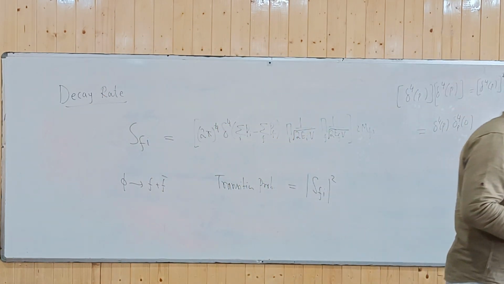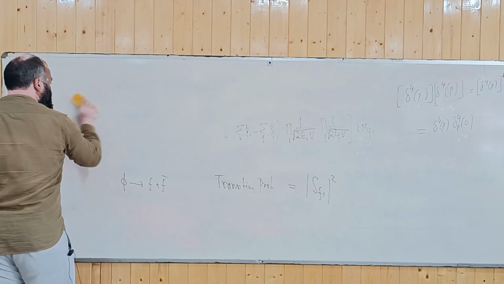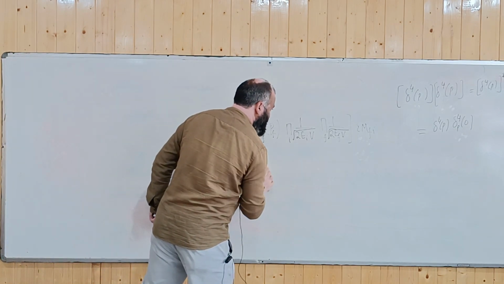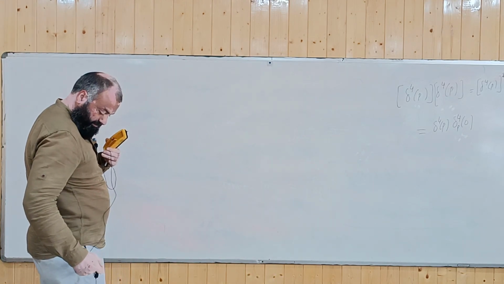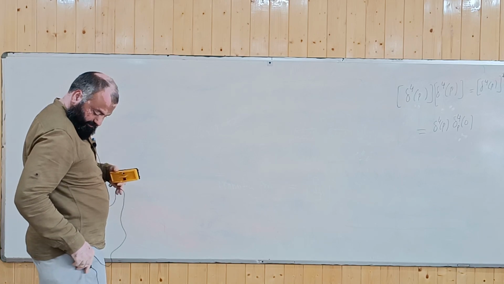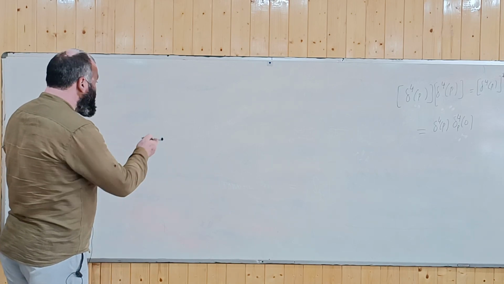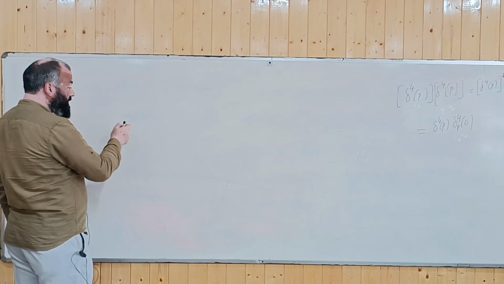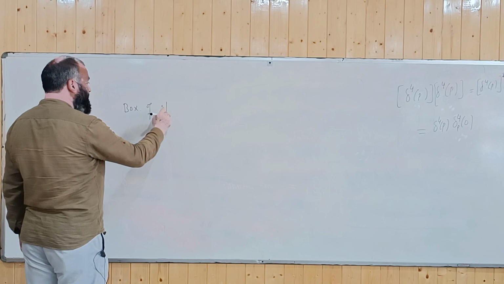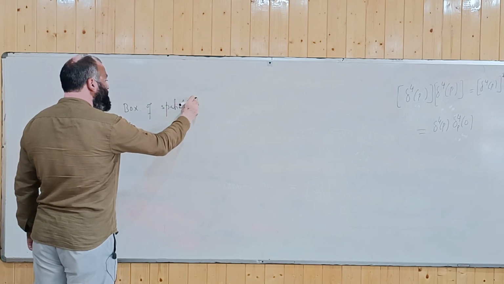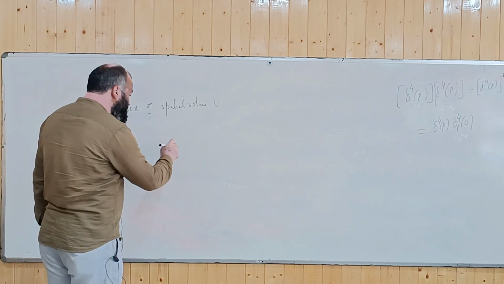So what we will do, we will consider a box of spatial volume V. Now what is our delta 4?